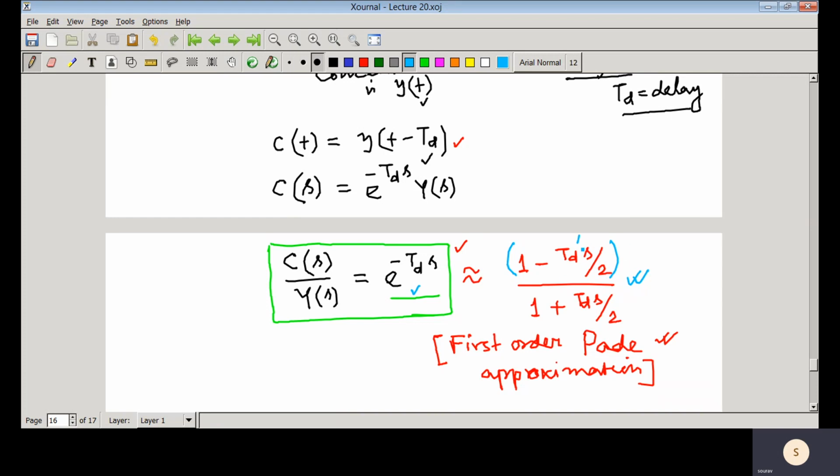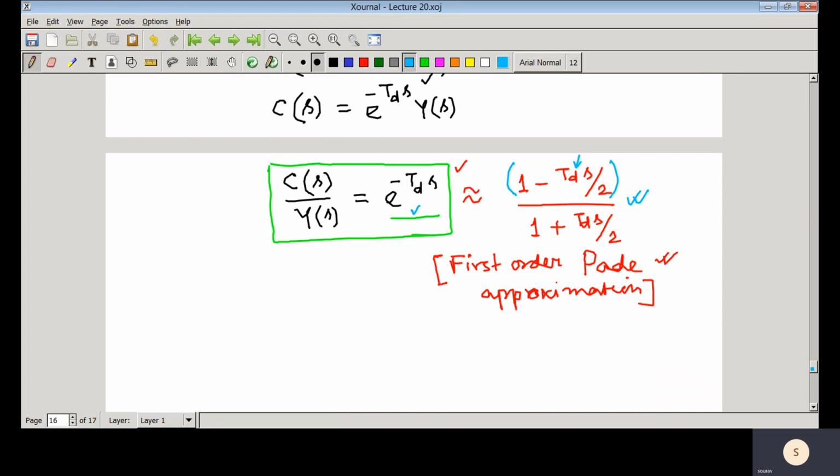You can see it from here, 1 minus Td s by 2, so s would be equal to 2 by Td. So there is a zero on the right half of the s plane. That means if you approximate one transportation lag via first order Pade approximation, that transfer function is a non-minimum phase system that we have discussed now.